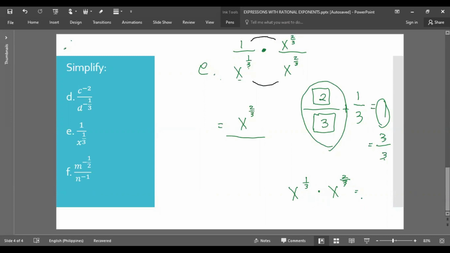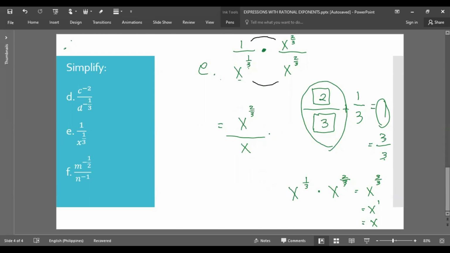You may apply here the first law since they have the same base. So copy the base, then add the exponents. 1/3 plus 2/3 is equal to 3 over 3 or simply x. So we were able to get rid of the fractional exponent in the denominator of this expression.